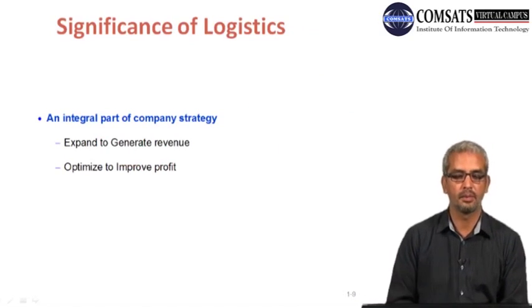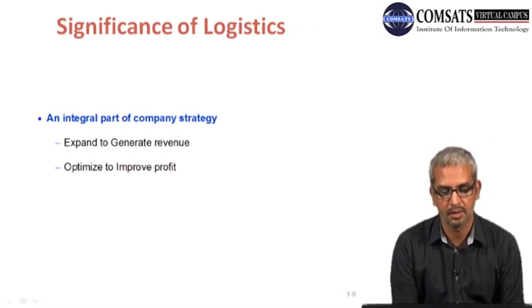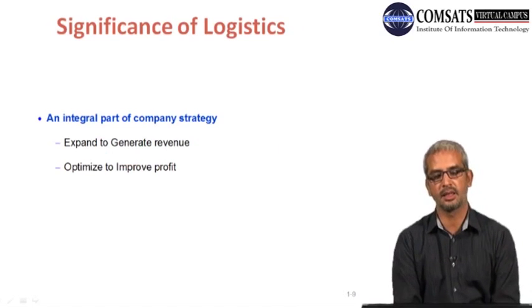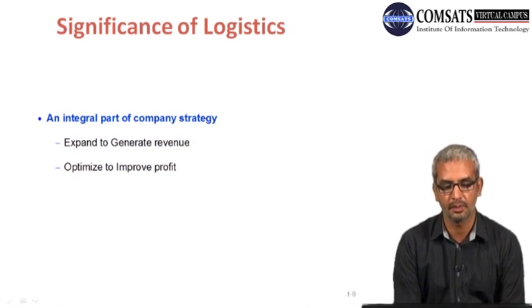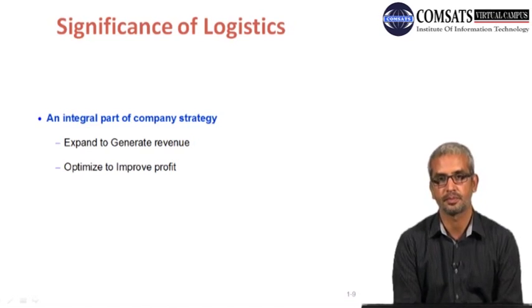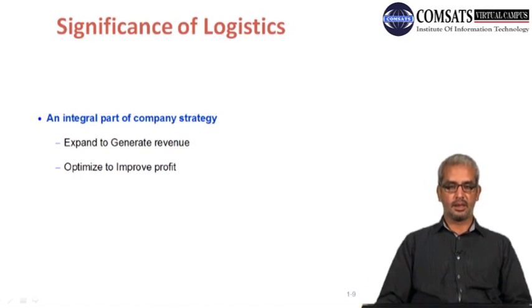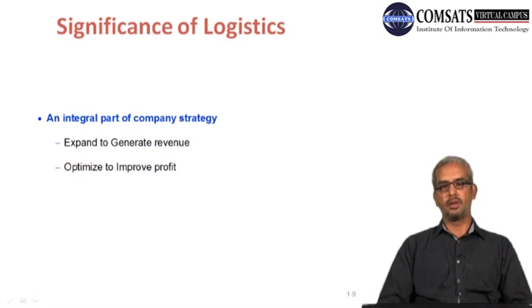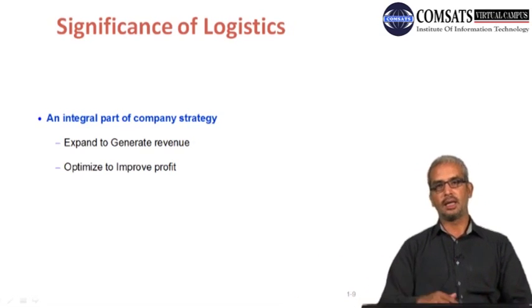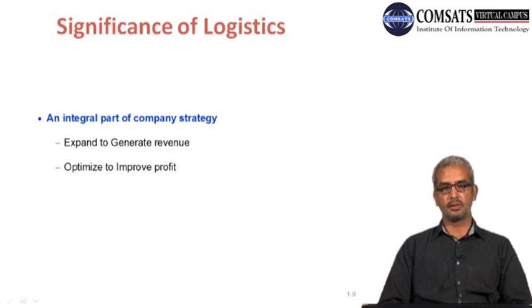Then another significant, important aspect of logistics is that it is an integral part of company strategy. It is so because of globalization, more trade agreements, and companies and firms expanding and taking their operations offshore. For example, Toyota has 25 production facilities across the globe.